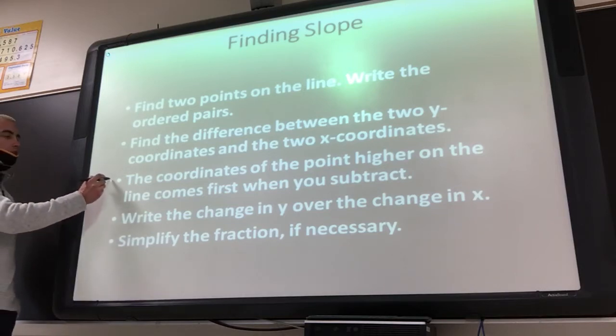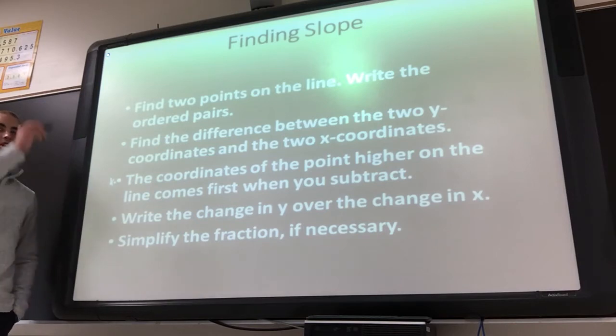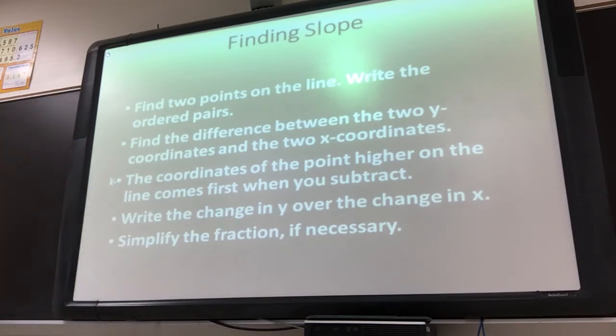The coordinates of the point higher on the line usually come first. And then we might need to simplify, but remember, we don't want to turn it into a mixed number. So we can simplify, but don't turn it into a mixed number.